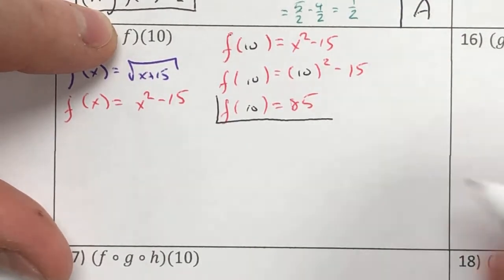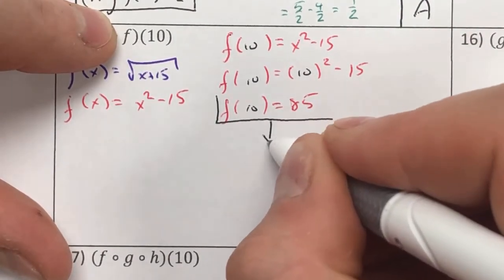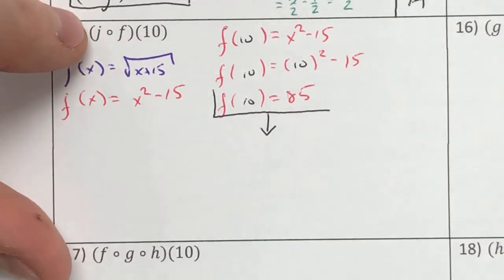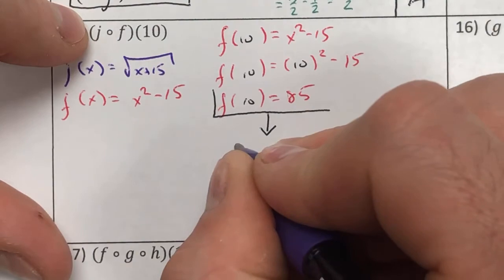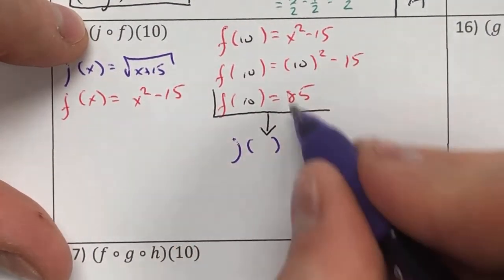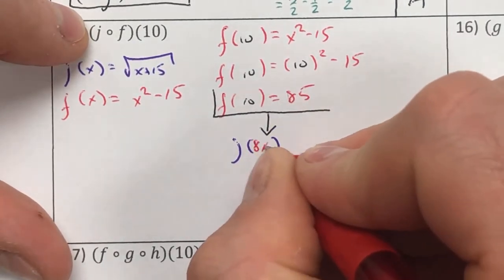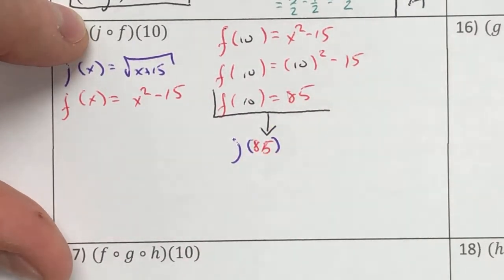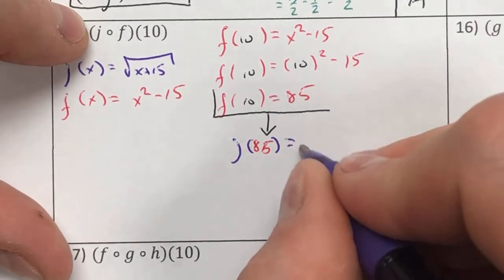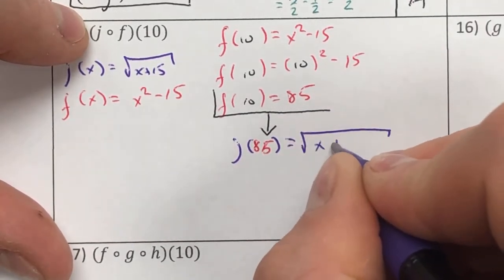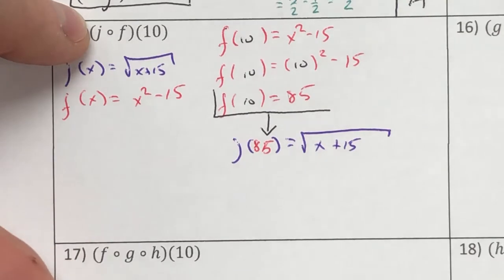I'm going to plug that answer into my next function, which is j. So I'm plugging that 85 into j of x, which we said was x plus 15 all rooted.